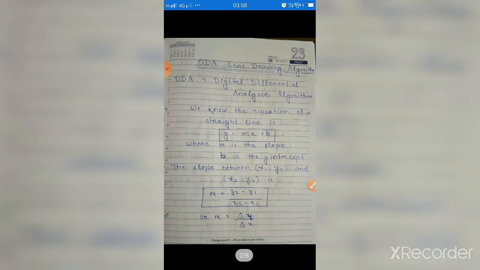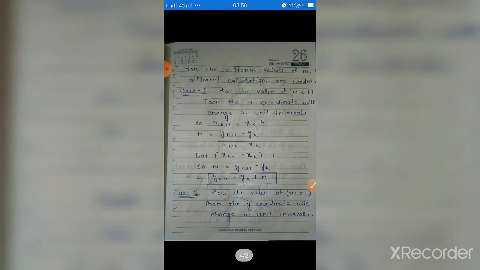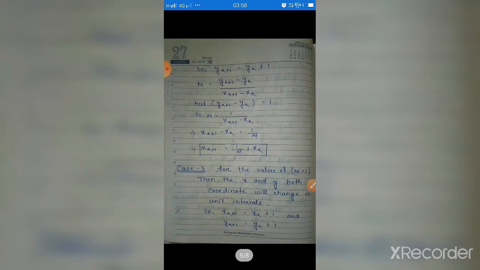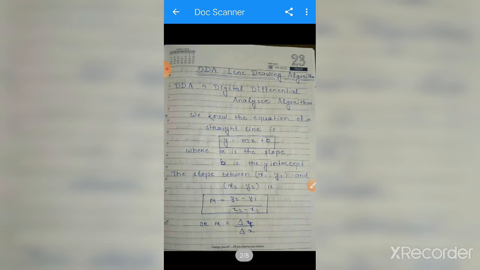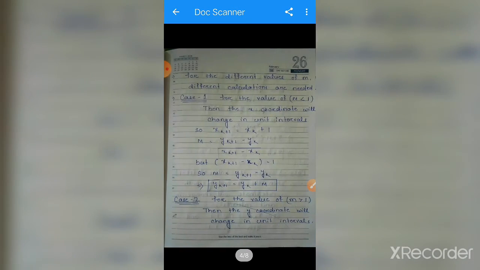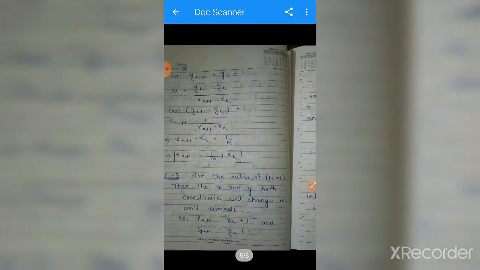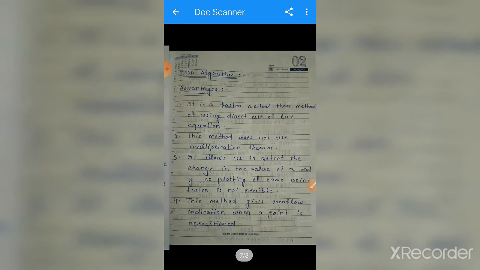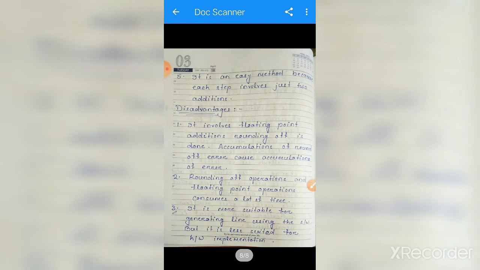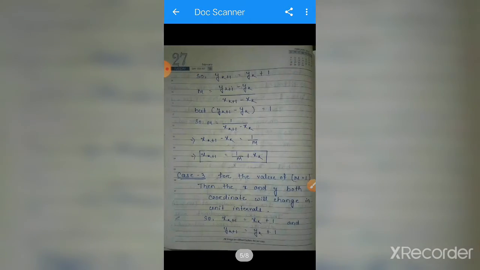I hope all of you are clear on the DDA algorithm. Detailed notes are also here. Students, go through it, note it and understand it properly. I hope all of you understand.